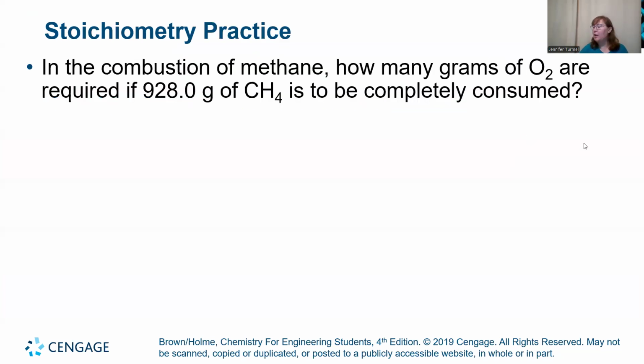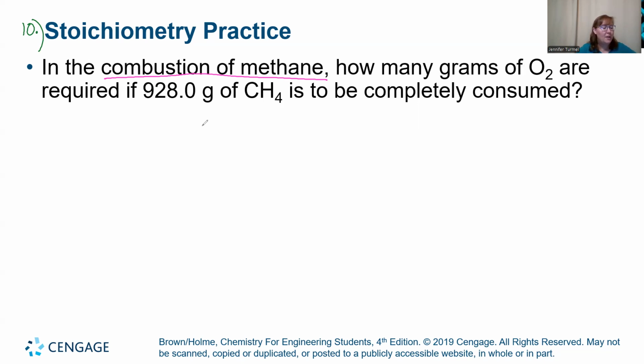Okay, so now let's take a look at some stoichiometry practice. Okay, and this is slide 10. Okay, and let's take a look at what some of these are. So first of all, we have the combustion of methane. Okay, so before I go any farther, I'm going to go ahead and write that down here.